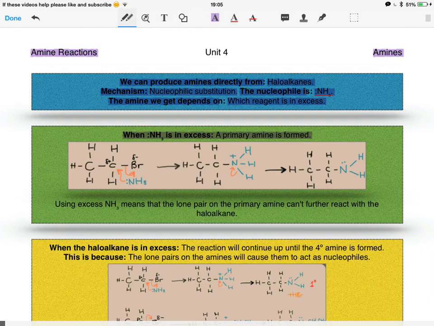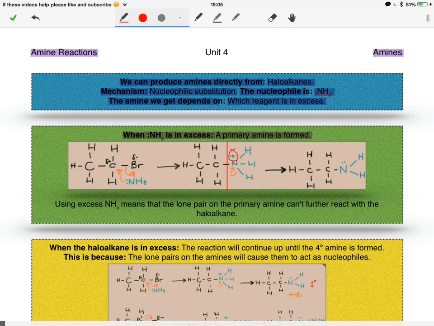The next step is that we have our substituted species, but the ammonium, which is on the end, doesn't like to be a plus charge.